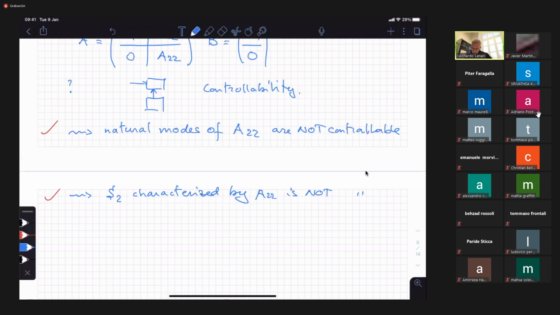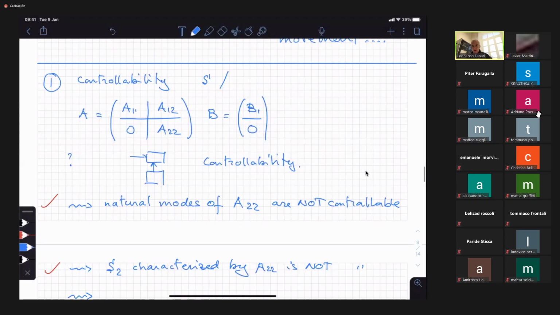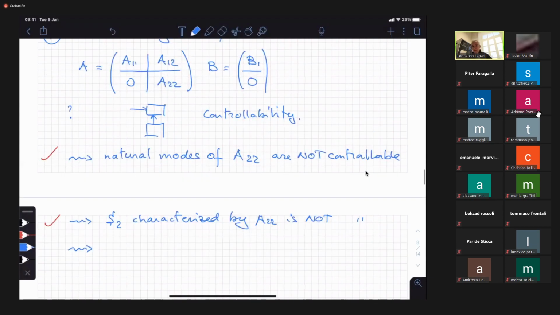A typical error is the following. Just imagine you are given these matrices A and B. Having this structure implies that A22 is not controllable, but we cannot say anything about A11. So this does not mean, if we have this structure, that A11, B1 is controllable.